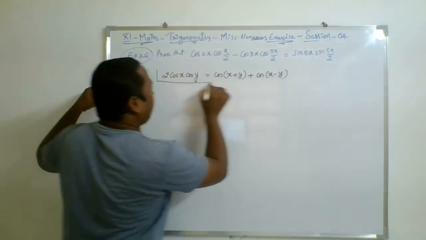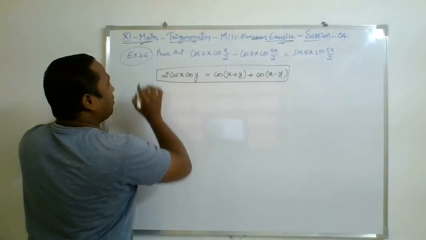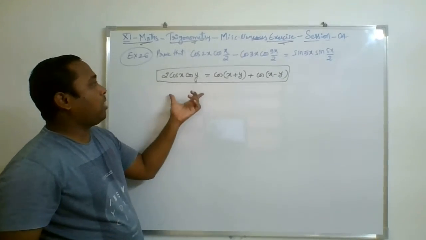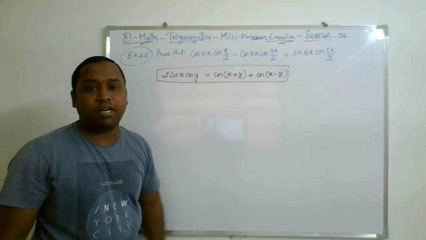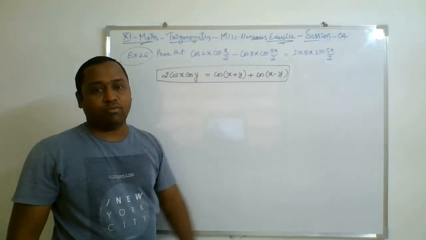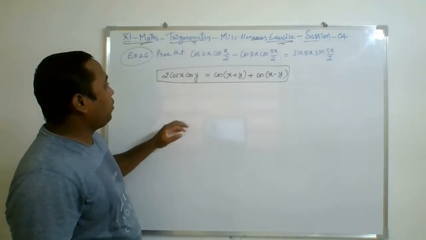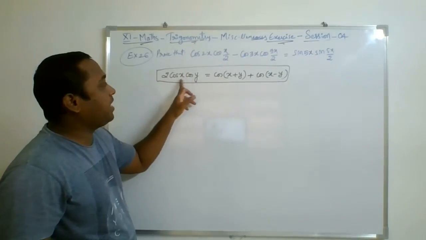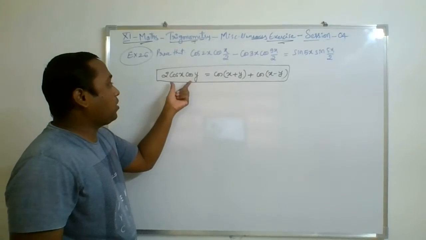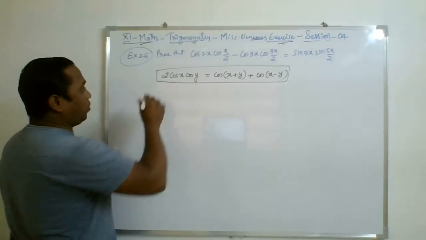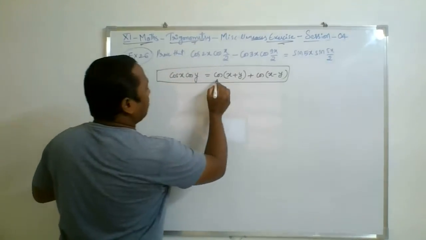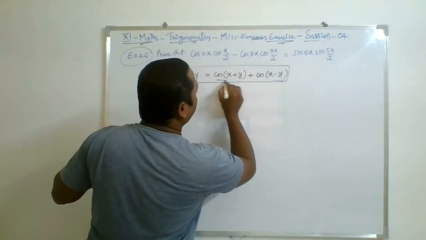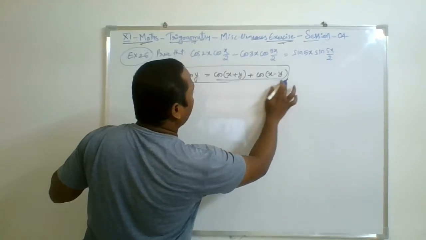This is a ready-made formula. Based on this formula, we are going to solve the left-hand portion to get the right-hand one. But we are having cos x into cos y, so we can take this 2 in the denominator.